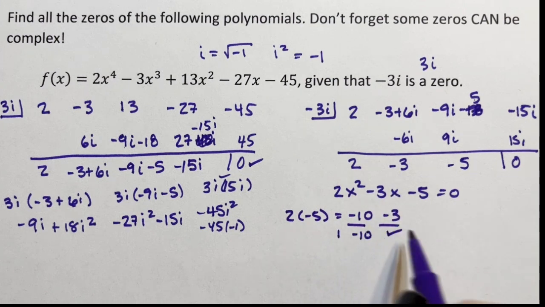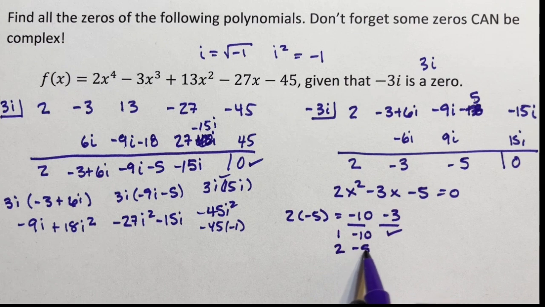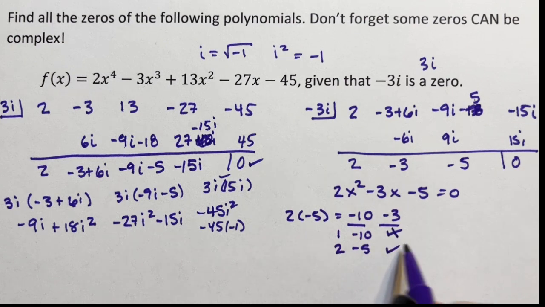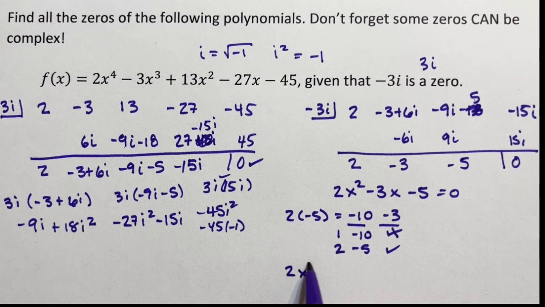It is not 1 and -10. However, 2 and -5 work. Okay. So we have 2x squared plus 2x minus 5x minus 5 equals 0.